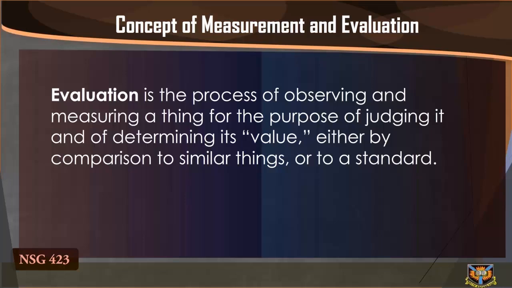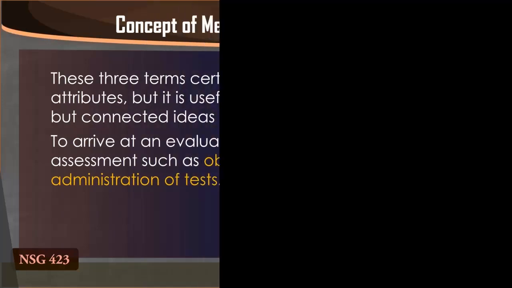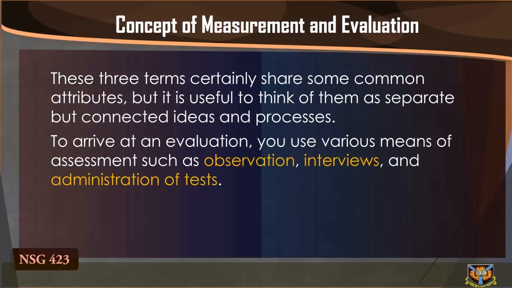To sum up, we measure distance, we assess learning, and we evaluate results in terms of some set of criteria. These three terms certainly share some common attributes, but it is useful to think of them as separate but connected ideas and processes.